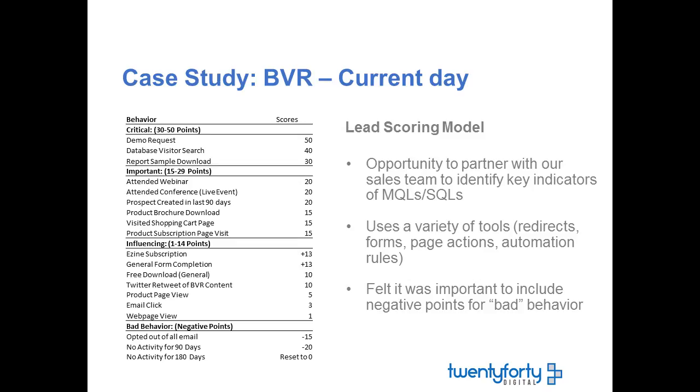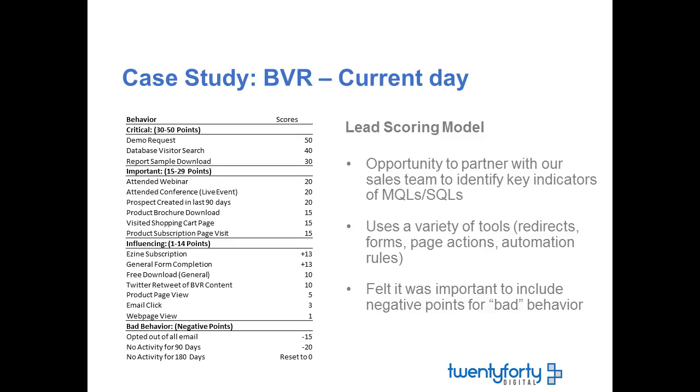So we originally, I believe it was one of Kevin's slides, also broke down the lead scoring model into different categories. Initially we struggled a little bit; it felt like we were almost arbitrarily trying to assign points to different activities. It really helped to break it down into 4 different categories: critical, important, influencing, and bad behavior, and assign a score range for each of those categories.